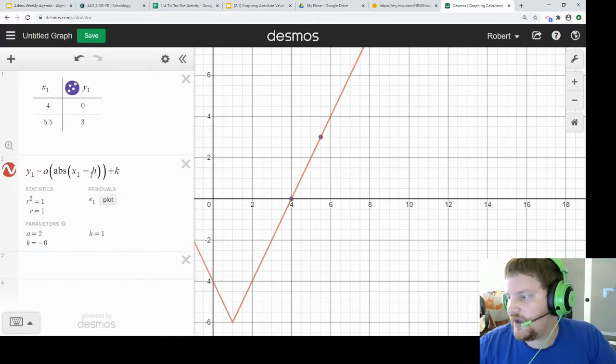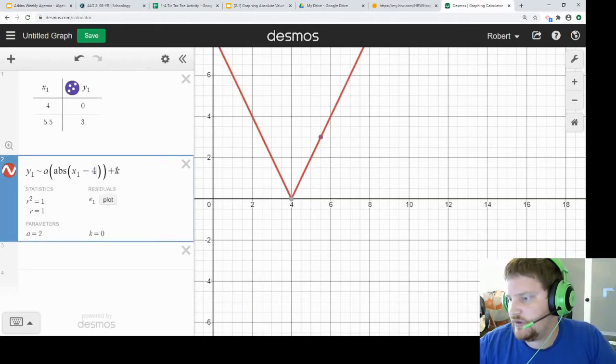So you are better off replacing these two values with your vertex values, and then it will calculate a for you, which in this case is 2.